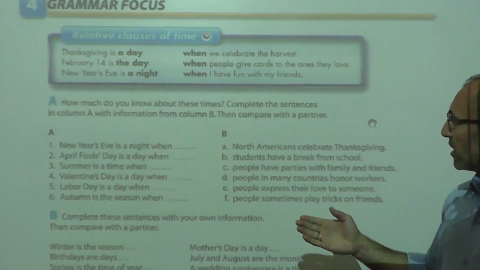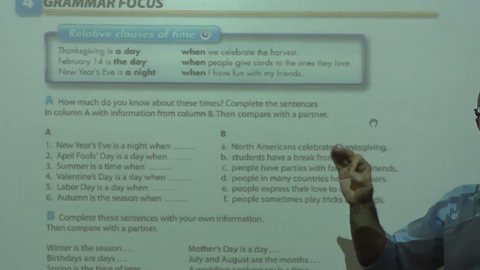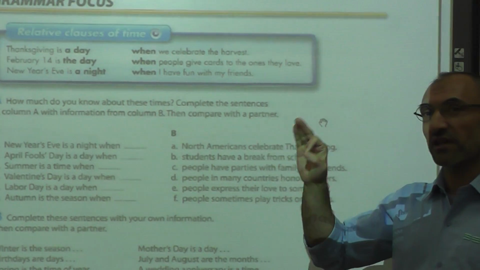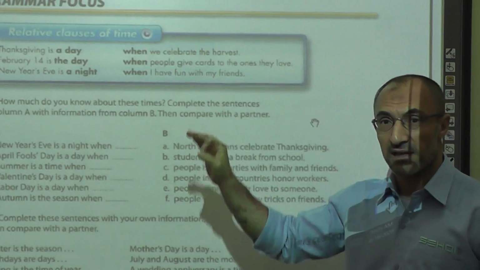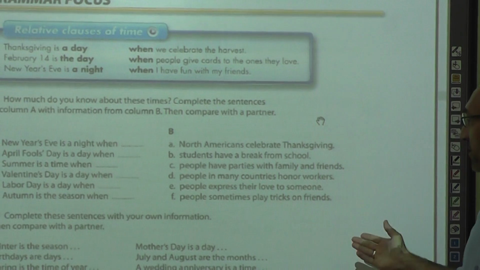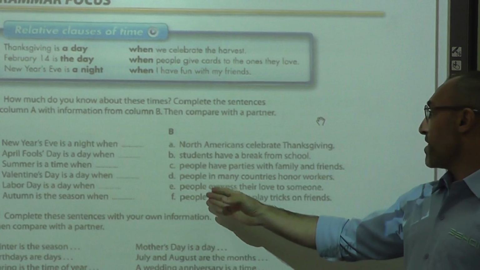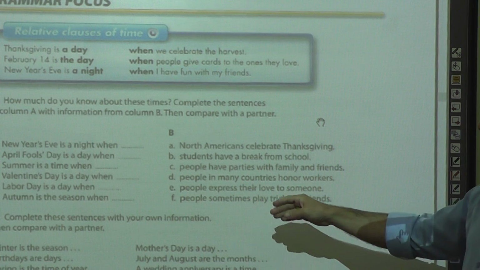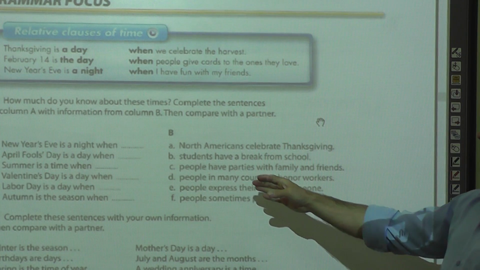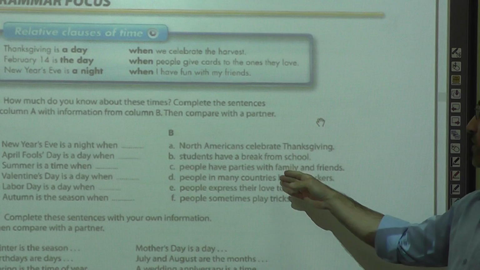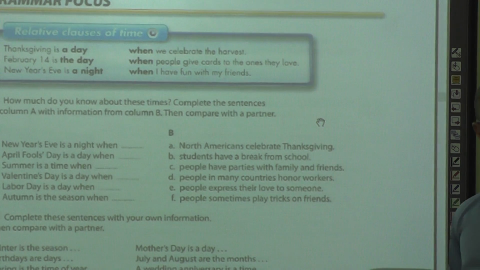Okay, when what? Here we have some options, but only one option might fit that part of the sentence. So when what? So we will say when people have parties with family and friends.